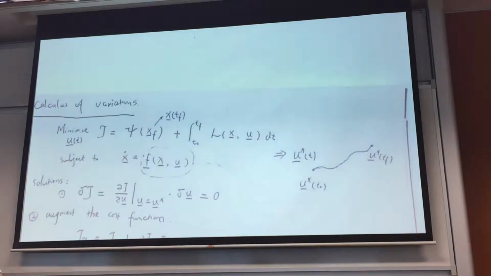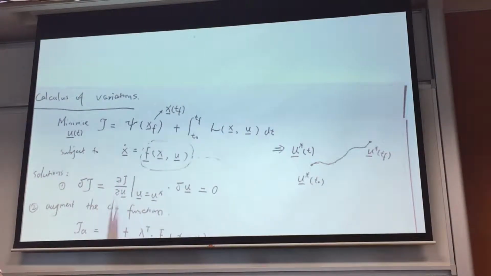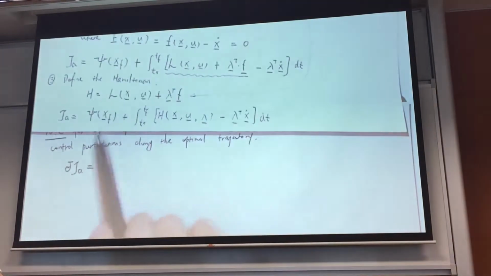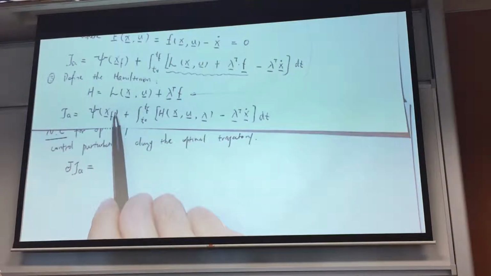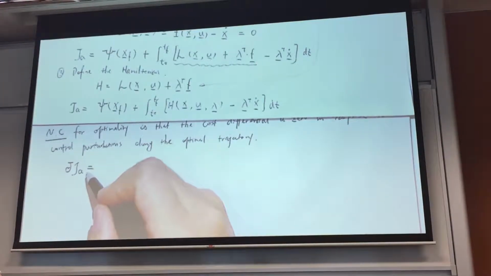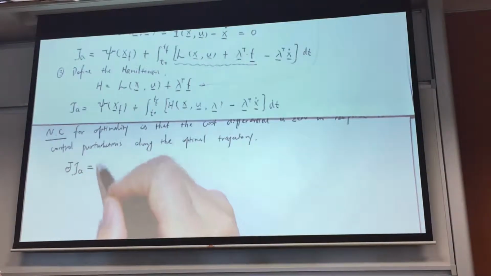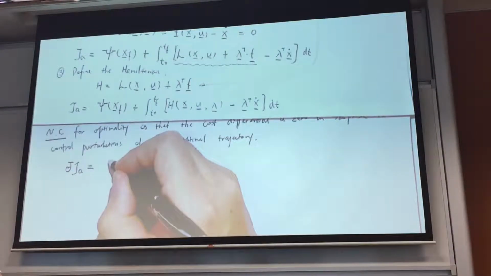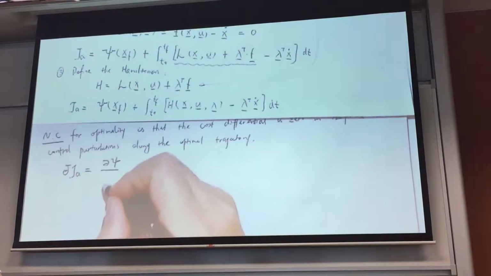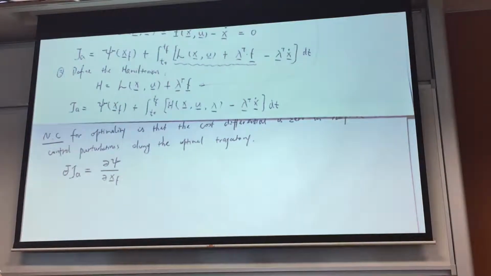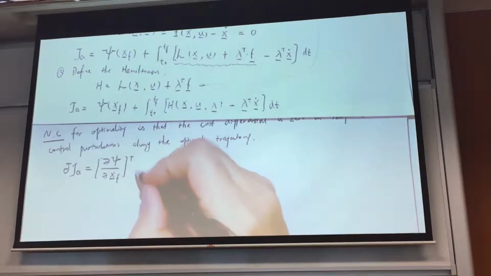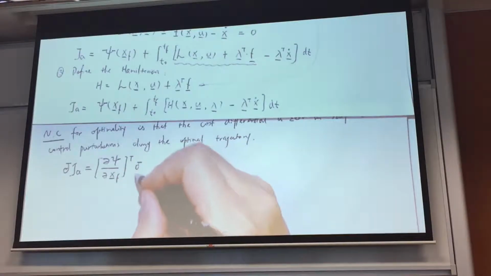The equation is quite similar to this one. For example, let me do a simple example. The first term, we have phi of xf. So for the function in terms of xf, the cost differential equals the derivative, d phi d xf, multiplied by the perturbation on xf.